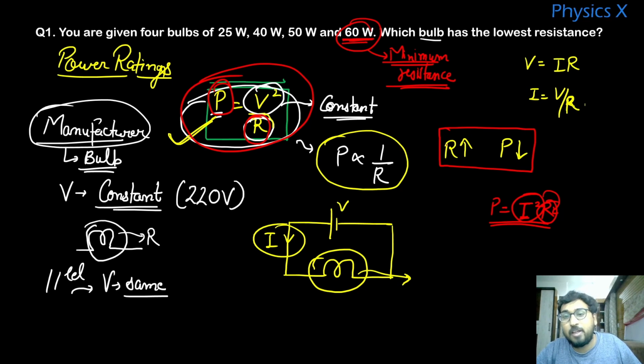That is, if the resistance of a particular bulb is more, the power rating will be lesser in that bulb, right?